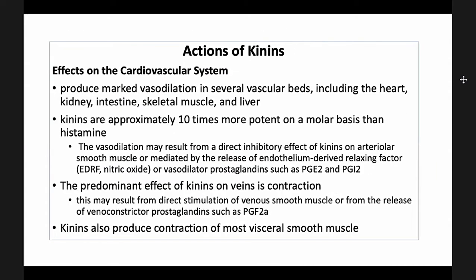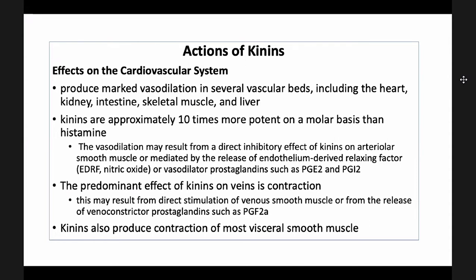So what are the effects of your kinins? Your kinins will produce marked vasodilatation in several vascular beds, including heart, kidneys, intestine, skeletal muscle, and the liver. They are approximately 10 times more potent on a molar basis than histamine.